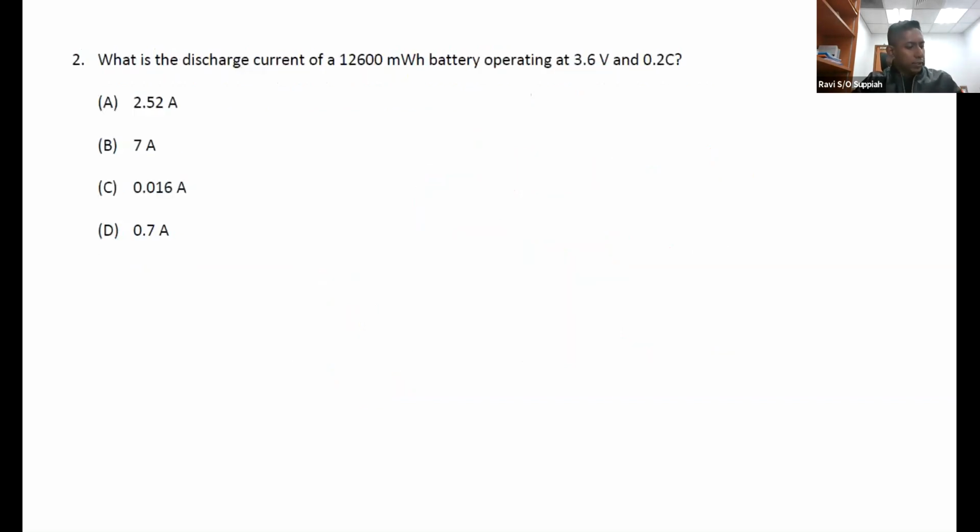Question 2. What is the discharge current of a 12,600 milliwatt hour battery operating at 3.6 volt and 0.2 coulombs? For this one, basically the same thing as before. The battery power rating is 12,600 milliwatt hour, which is equivalent to 12.6 watt hour.